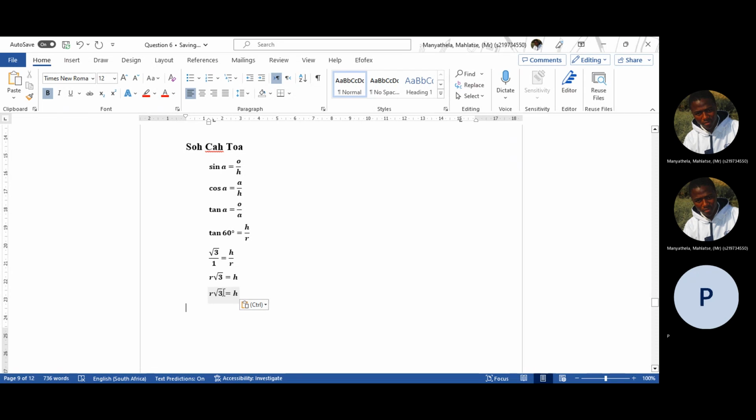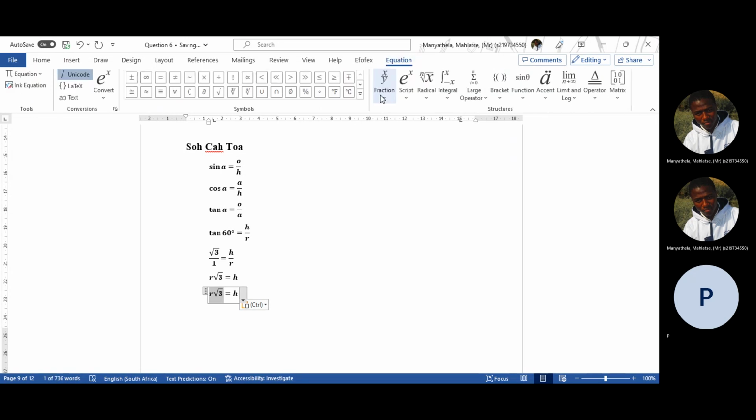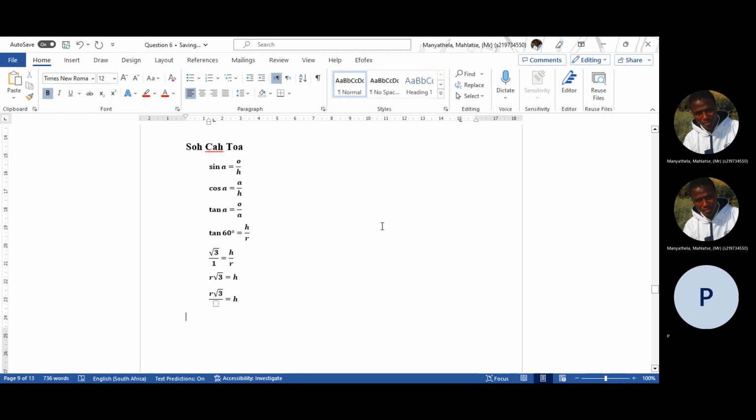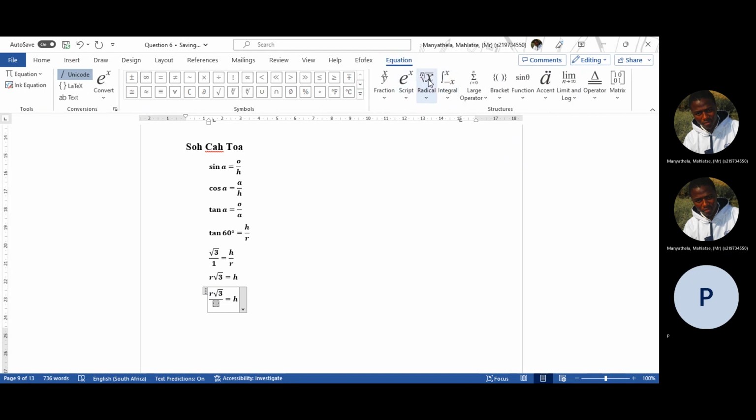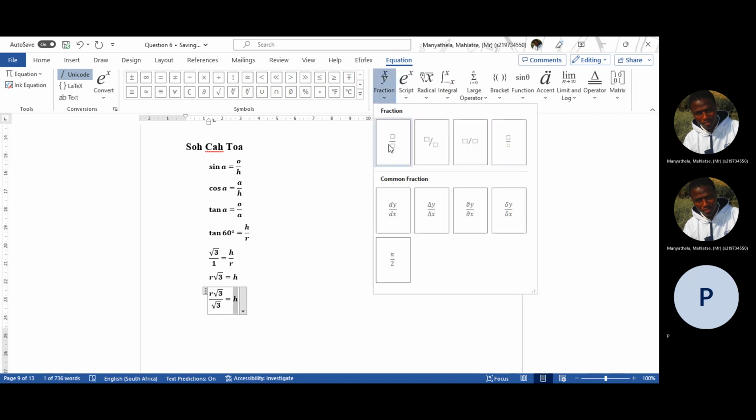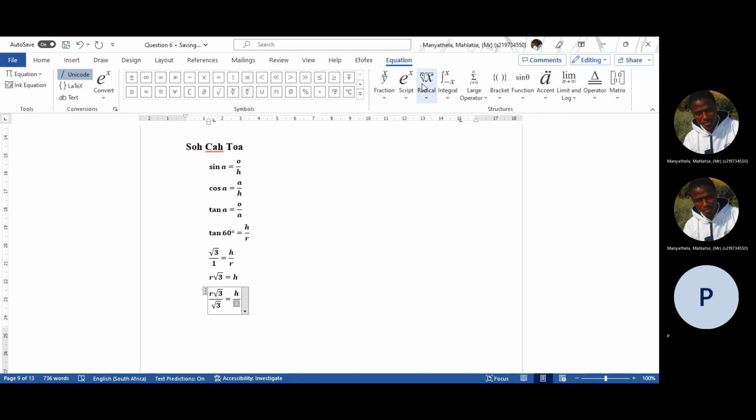If we divide this side by root 3, and then also h divided by root 3, root 3 will cancel root 3.